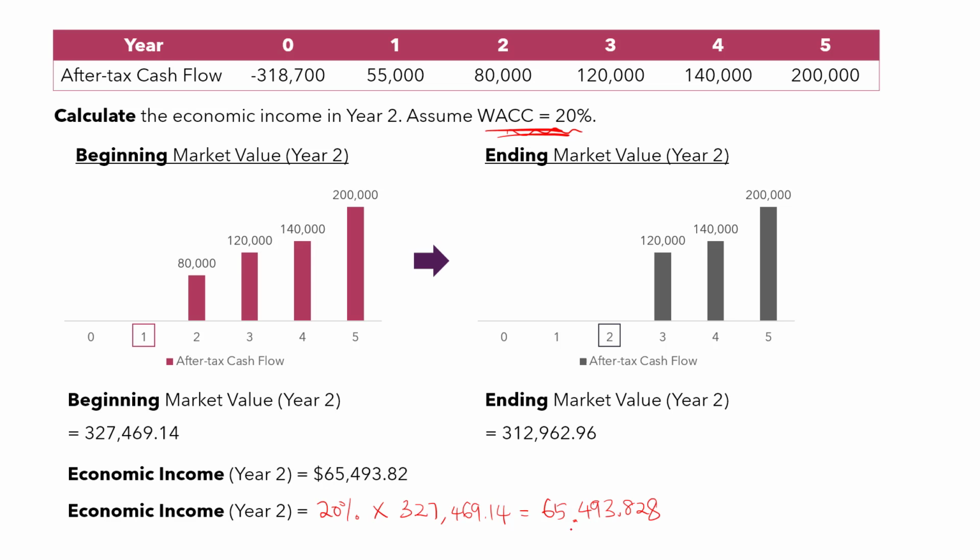That's very close to the answer that we obtained earlier, with a slight rounding error in the second decimal place. Nevertheless, this is also a short way of getting the economic income. You just need to calculate the beginning market value and multiply that by the discount rate, which in this case is WACC.